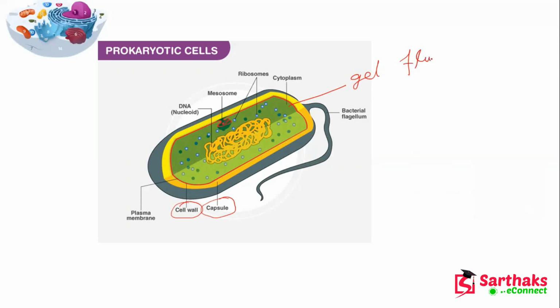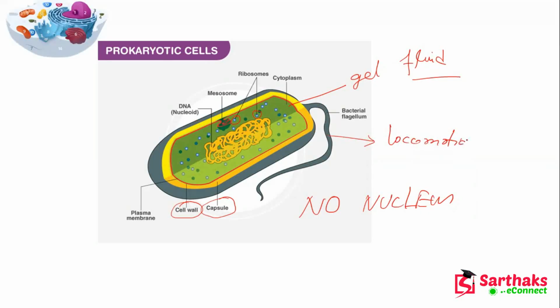So this is the gel type fluid, the cytoplasm, and here you can see the ribosomes, and here the nuclear DNA, but there is no nucleus. And here you can see the bacterial flagellum, which is used for locomotion.